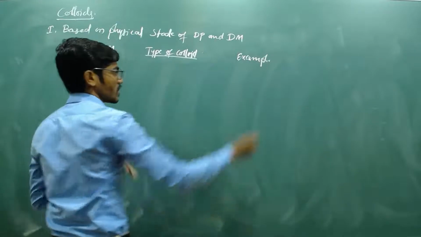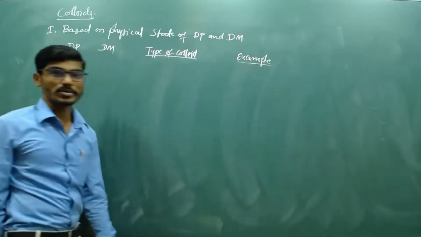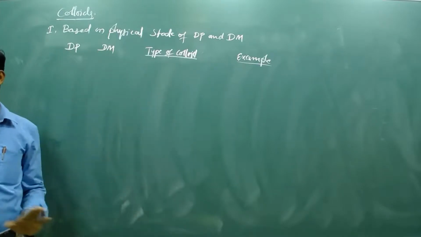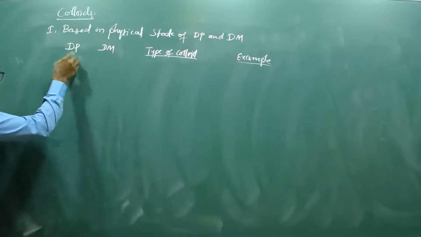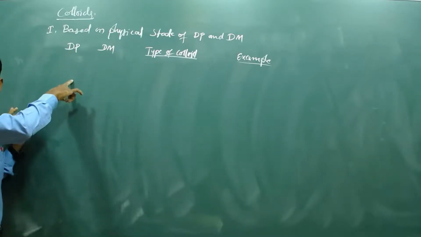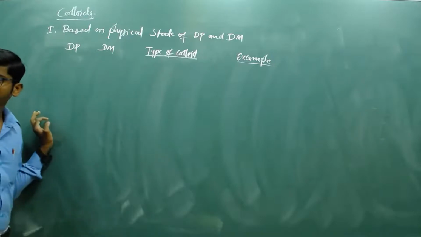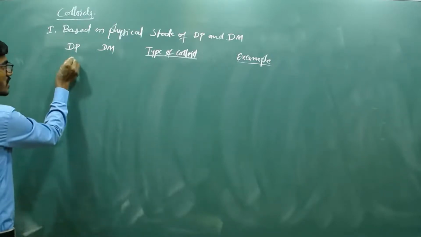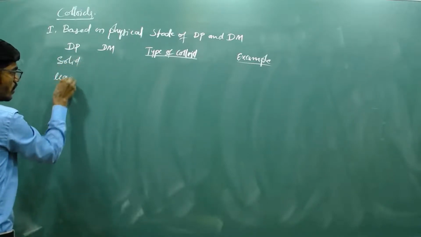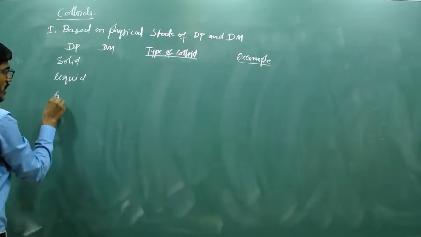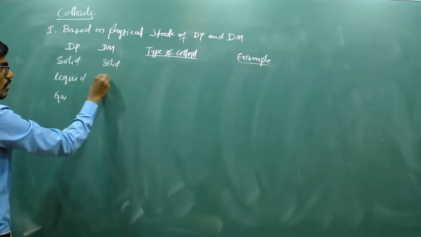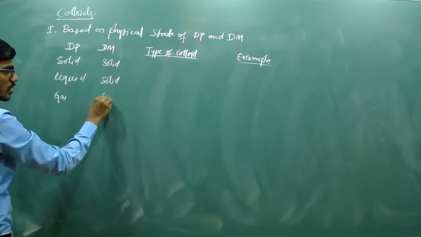The dispersed phase, the physical state of solute, may be solid, liquid, gas, and the dispersion medium may be solid, liquid, gas. First, I am considering the dispersed phase as solid, liquid, and gas, and the dispersion medium as solid, solid, solid.